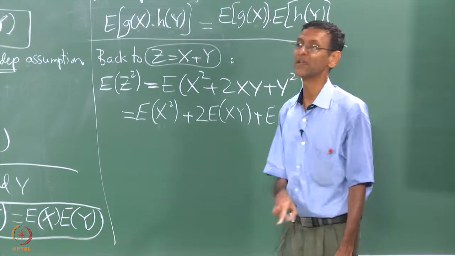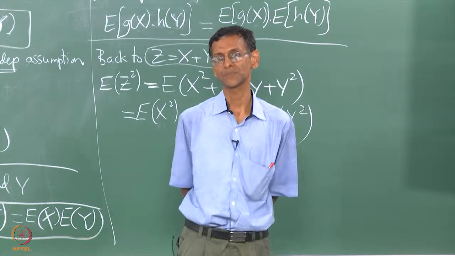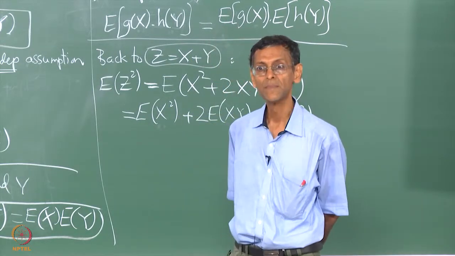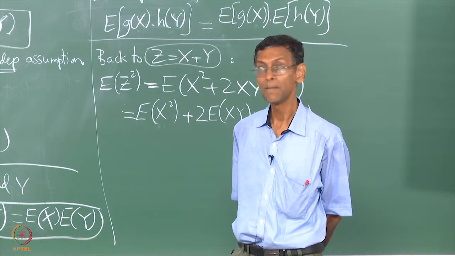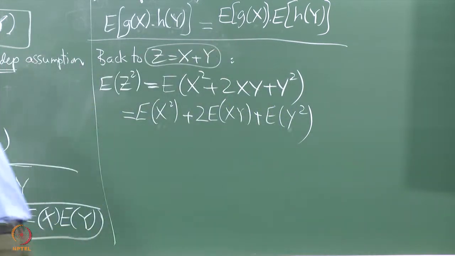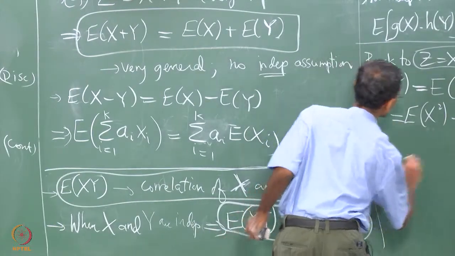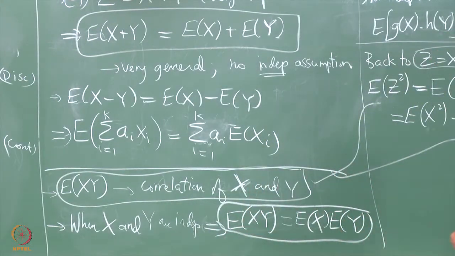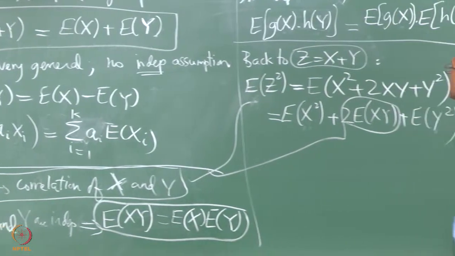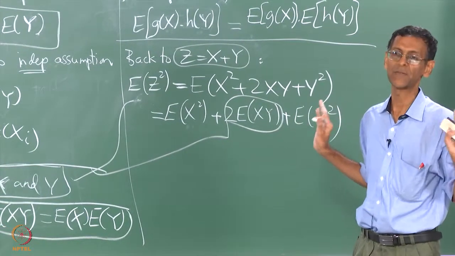But this term here is exactly E of xy. I am not assuming independence, I am assuming just this. Please don't throw in any independence, there is no independence as of now.